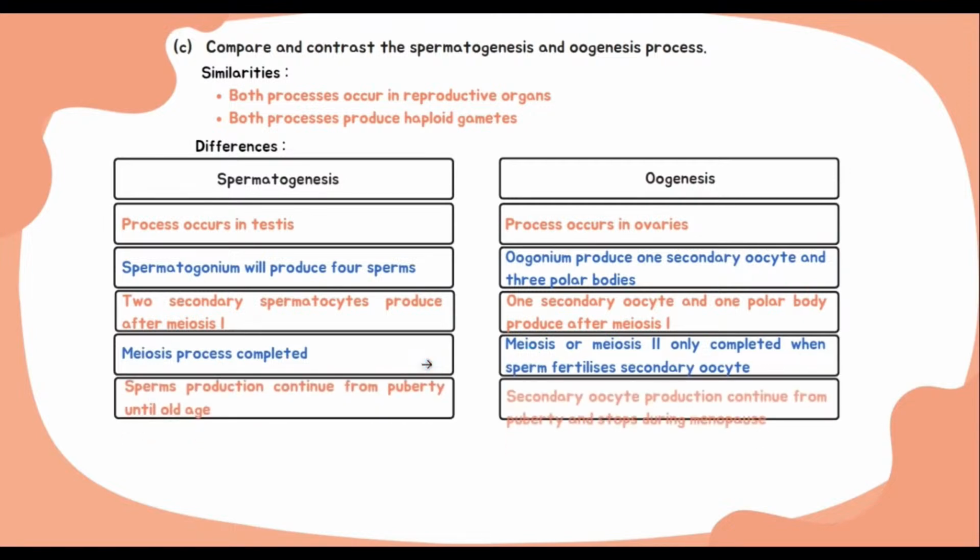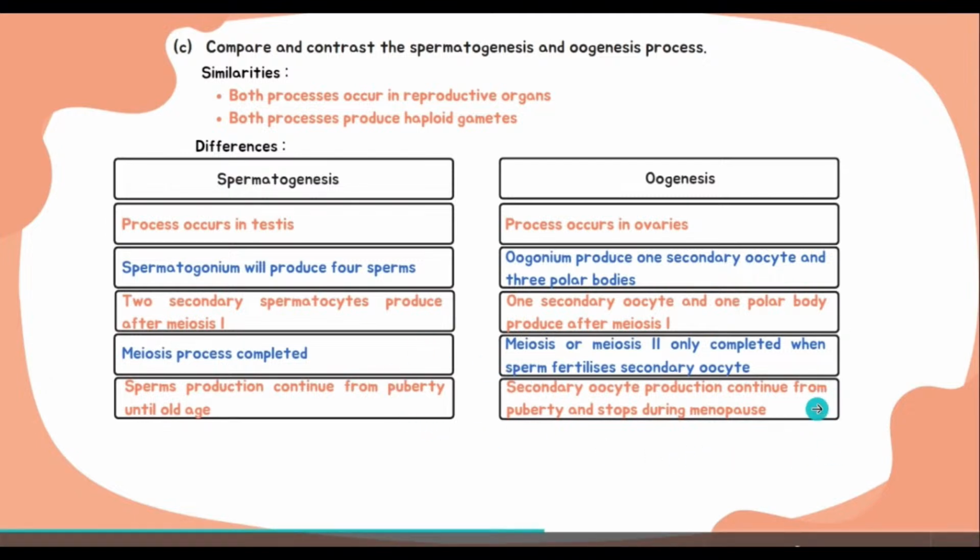Next, sperm production continues from puberty until old age in spermatogenesis, while in oogenesis, secondary oocyte production continues from puberty and stops during menopause. This is the duration of spermatogenesis and the duration of oogenesis.